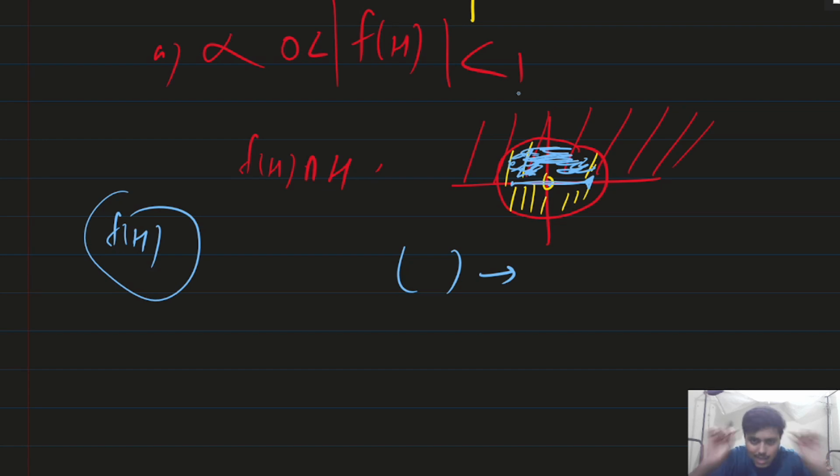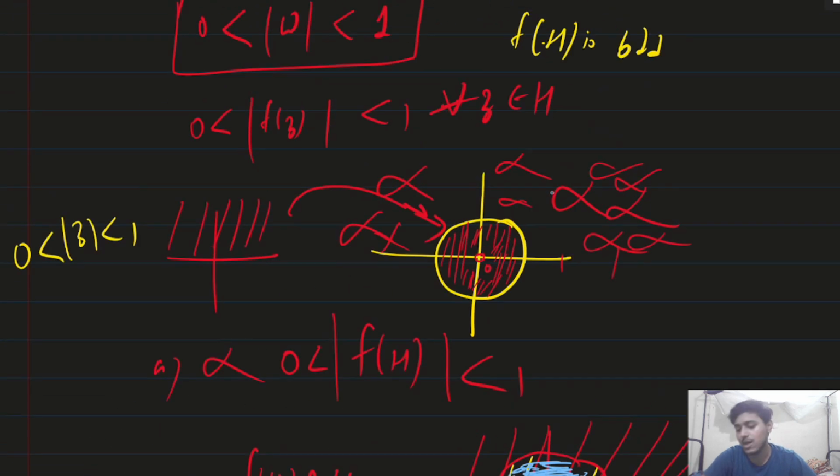You take any point inside the set f(H). See, I took this point and this point. Now you draw a straight line passing through those 2 points. All the points of the straight line should belong to that set. But here, all these points are there, but the 0 point is not there. That is why it is not convex.